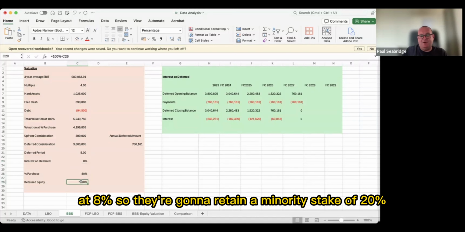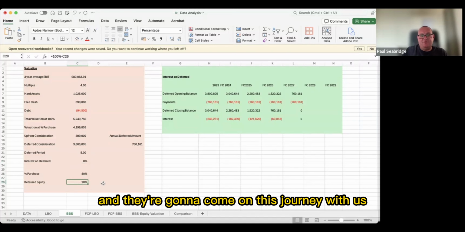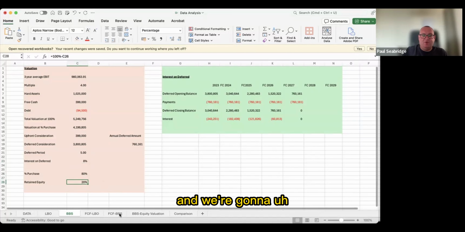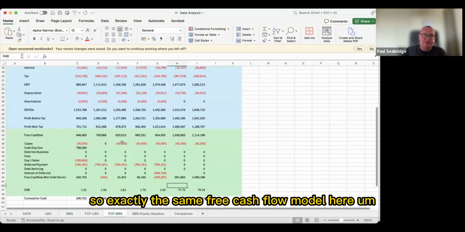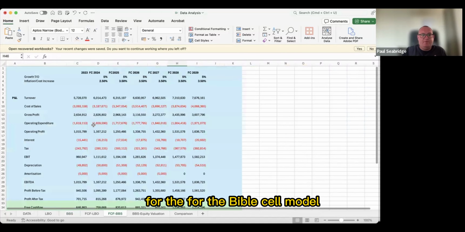So they're going to retain a minority stake of 20%, and they're going to come on this journey with us, and we're going to build a group, and then ultimately we're going to sell. And the idea is that their equity that they've retained when we sell the group will be worth further consideration.